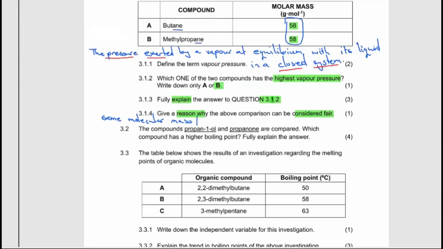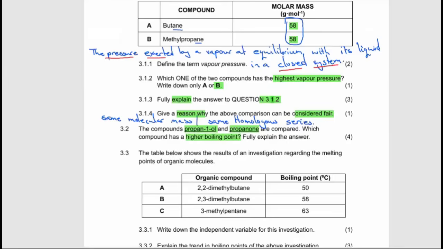So it means they belong to the same homologous series. So I'm going to say same homologous series as option number 2. Therefore these are comparable there. Then I'm going to proceed to question 3.2, which says the compounds propan-1-ol and propanal are compared, which compound has a higher boiling point, right?